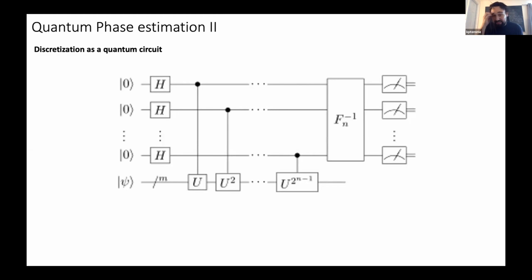It entangles the eigenbasis of some observable that you want to measure, or the eigenbasis of the unitary, with the pointer register. If you were to measure the pointer register and collapse it, you would learn a measured value of energy, and you would collapse to a particular eigenstate. So this is what that routine essentially does, and we'll need that quite a few times. This is why I described it in a bit more detail now.